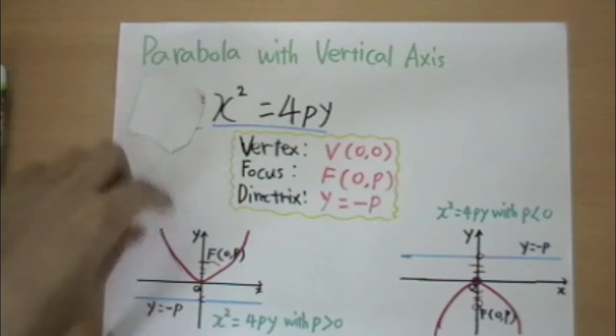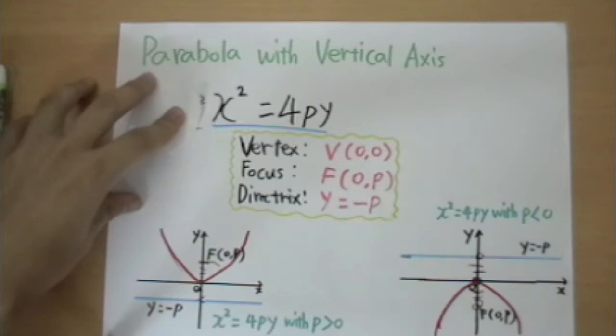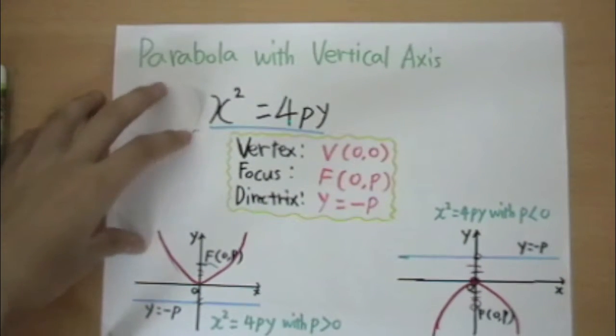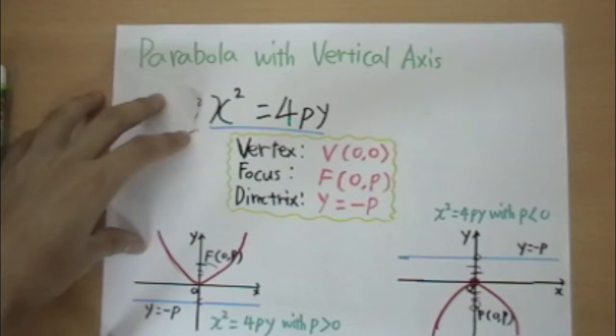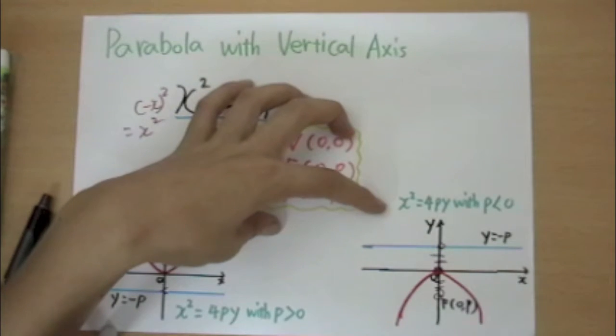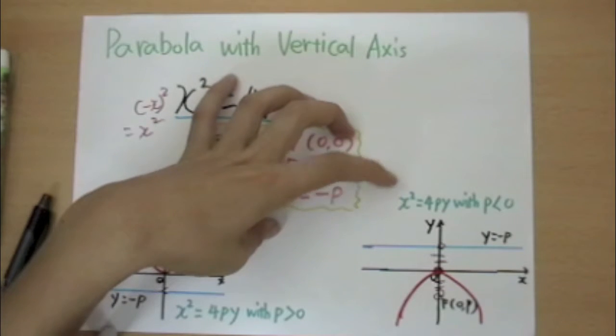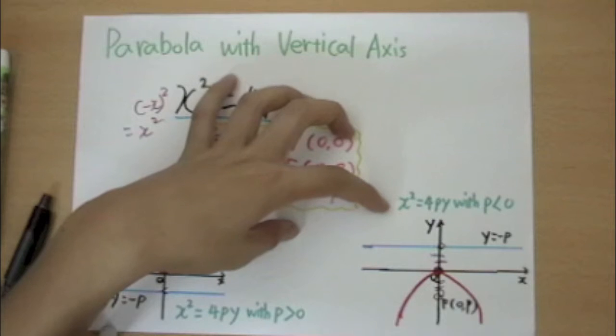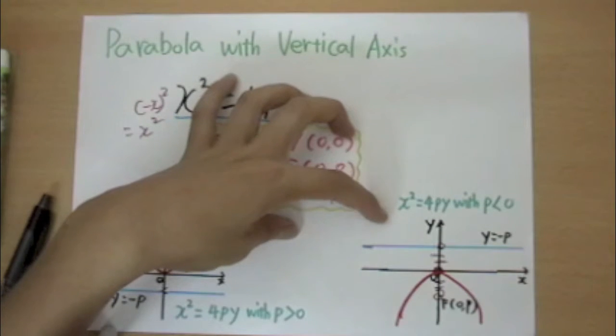This graph is showing x squared equals 4py when p is greater than 0. So the parabola opens upward if p is greater than 0. Meanwhile, in this graph, you can see the graph of x squared equals 4py with p smaller than 0.